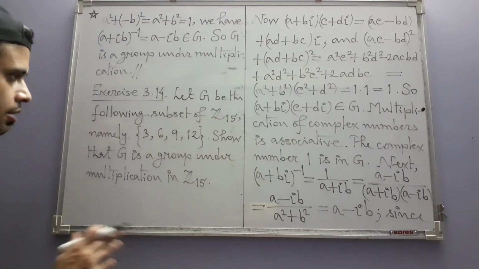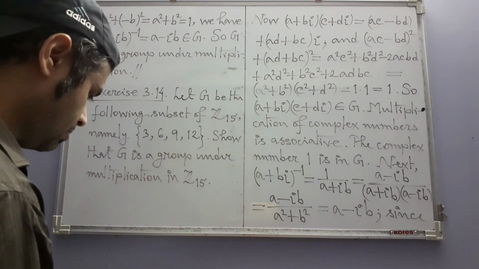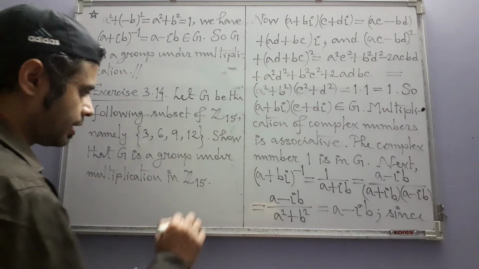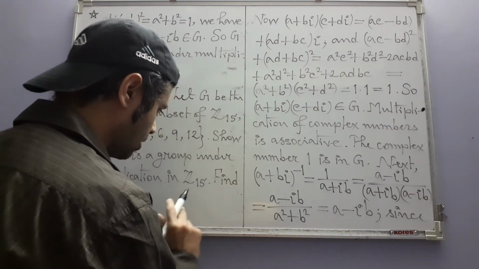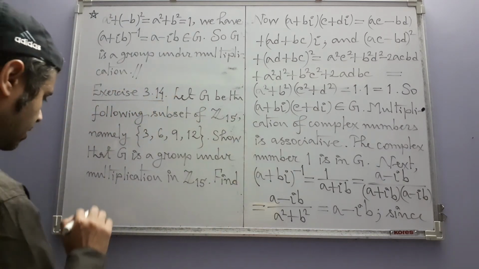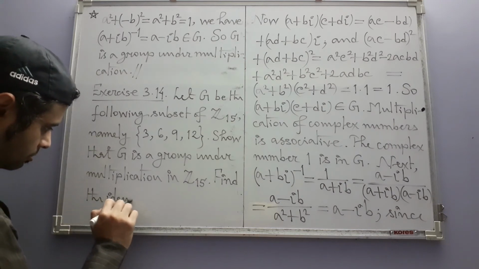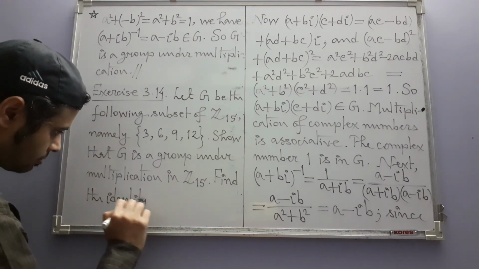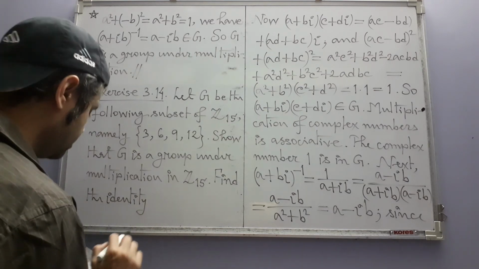That means the binary operation is multiplication modulo 15. Find the identity. In the course of showing that this is a group, we will also do these things. Find the identity and the inverse of each group element.